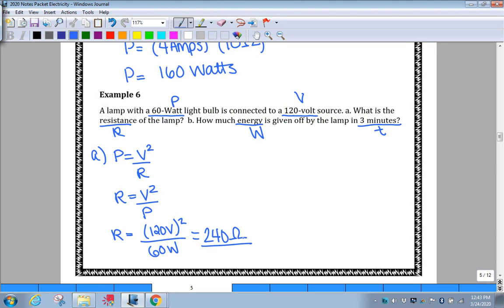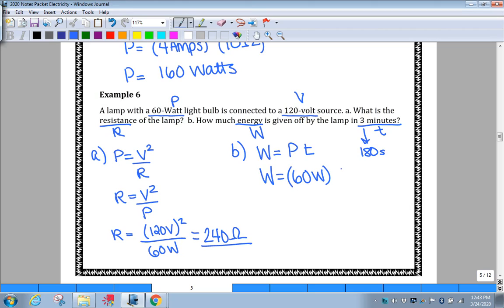Okay, in part B, they're asking us for the energy. So energy, W, is just going to be the power times the time period. And once again, they gave us minutes. We never use minutes. So we have to convert that into seconds. So 180 seconds is our time period. So we're going to use the original power given, which was 60 watts.